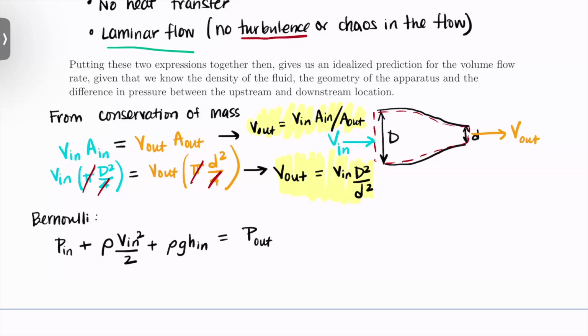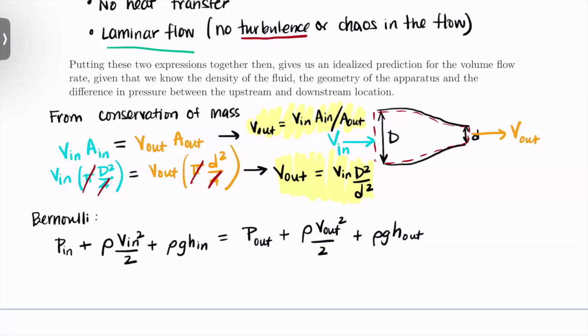So we have pressure at the outlet plus rho V out squared over 2 plus rho g h out. Both of our flow meter sensors are oriented horizontally, so we don't have any change in height relative to gravity from point 1 to point 2.